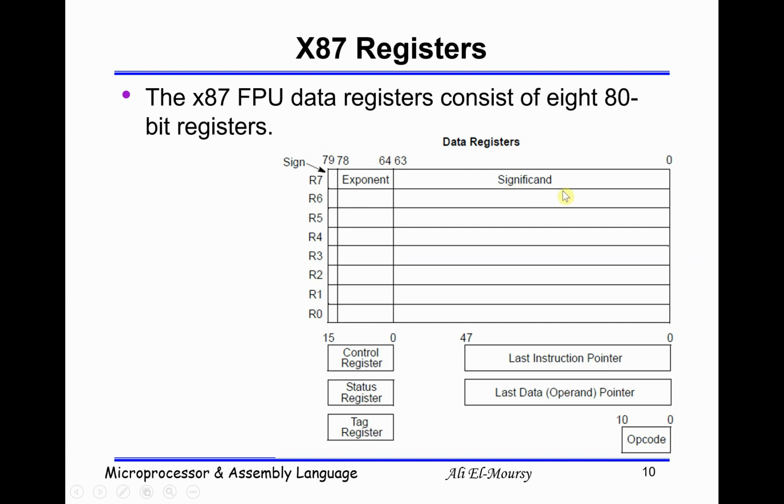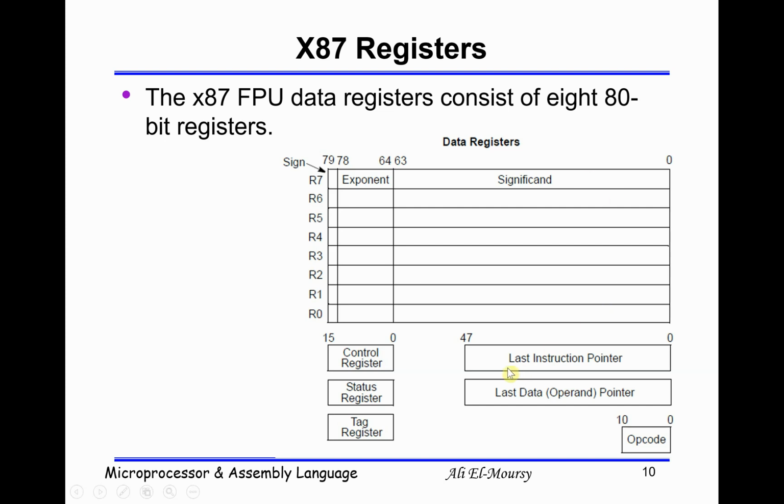So it uses an extended version of the IEEE format that is not commonly used by default. We will talk about the different data types of the x87 in later slides, inshallah.